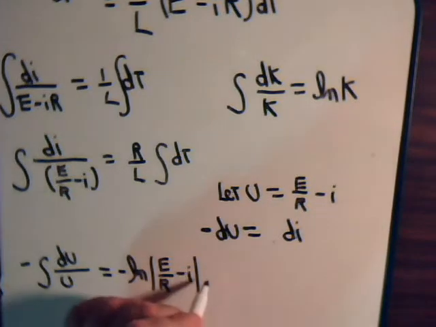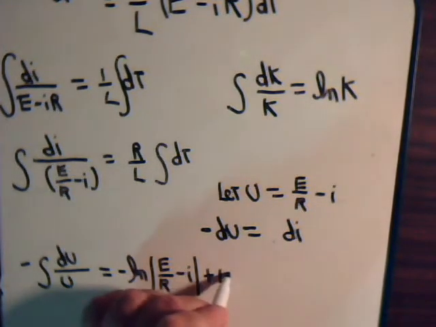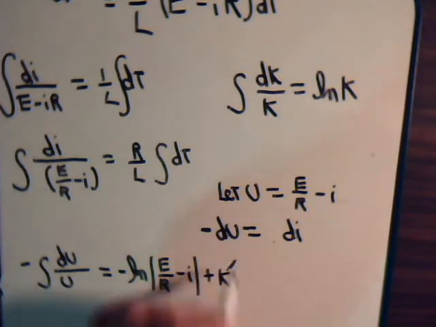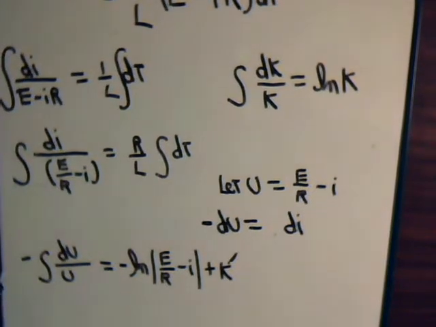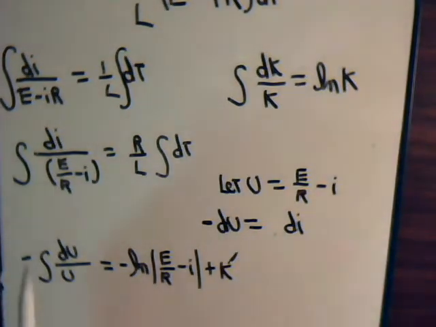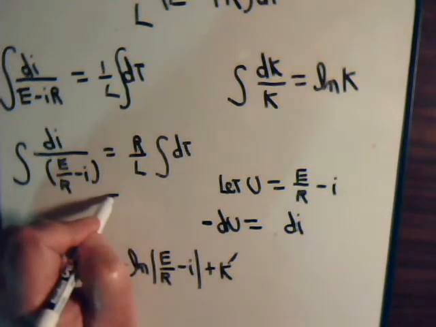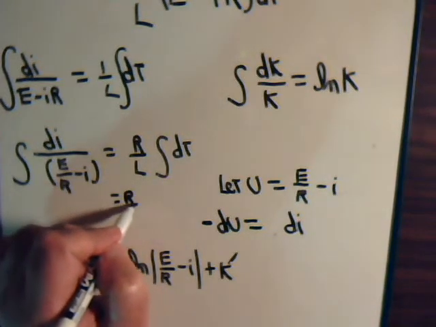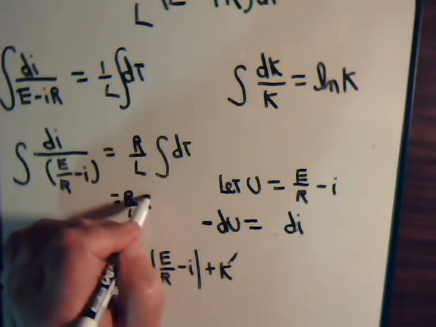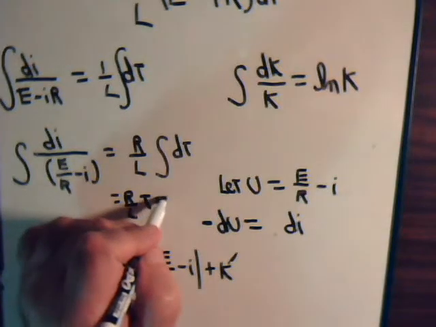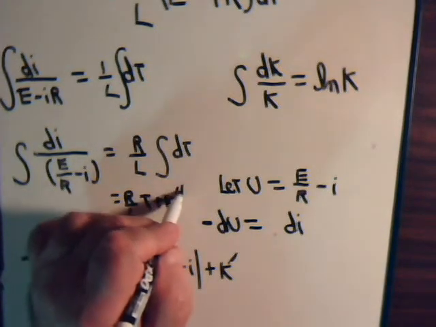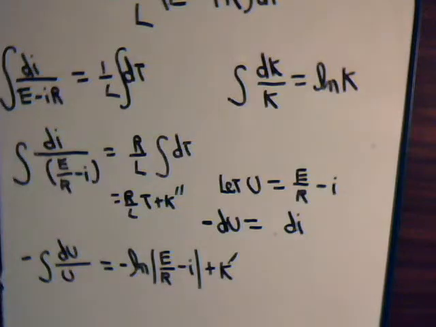And we have an arbitrary constant of integration. Okay, so this integral equals this. And then this integral, that's real easy. That's just R over L times t plus another arbitrary constant of integration.